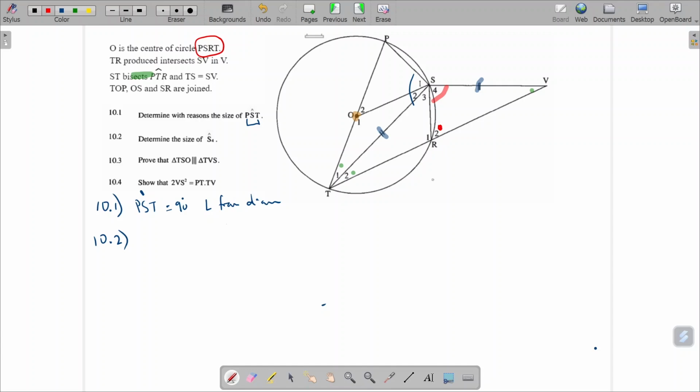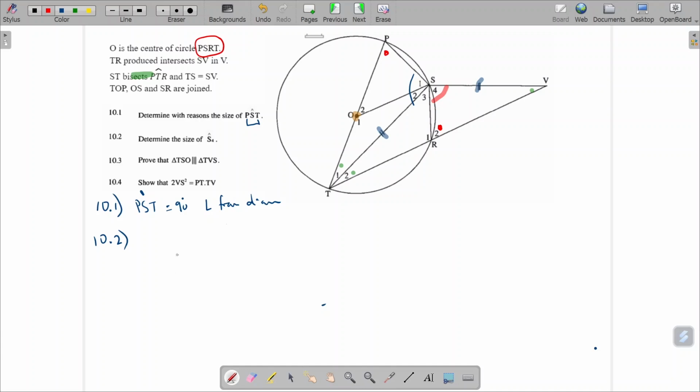It is outside the circle, and TV is a straight line, unlike the angle S4, which does not involve a straight line radiating out of the circle. So what I now have is R2 is the same size as P, external angle of a cyclic quad. I have that V is the same size as T1.